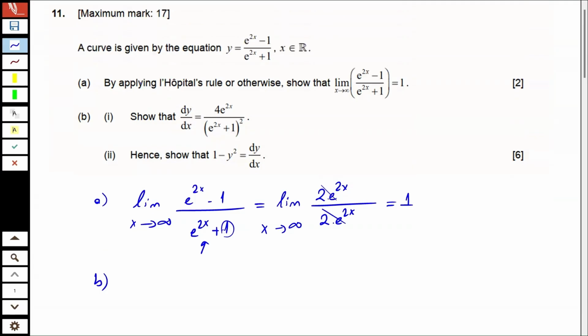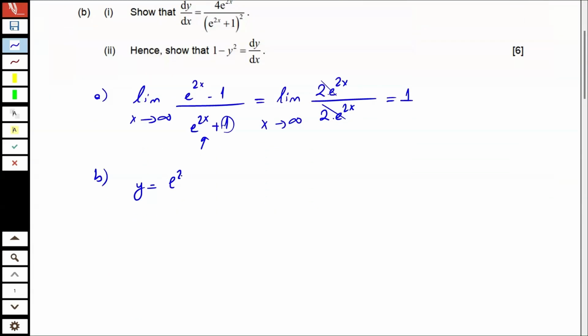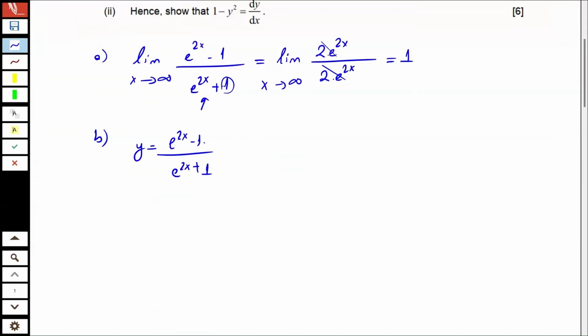Show that the derivative of the function is this. First, I'm writing the function again. So what's the derivative of this function? We're going to apply the quotient rule.